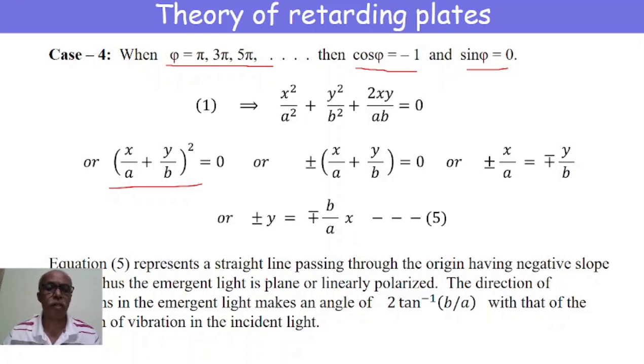Equation 5 also represents a straight line, again passing through the origin, but having negative slope, that is minus b by a. Thus, emergent light is again plane polarized or linearly polarized, but the direction of vibration of the emergent light makes an angle of 2 tan inverse b by a with that of the vibrations of the incident light.